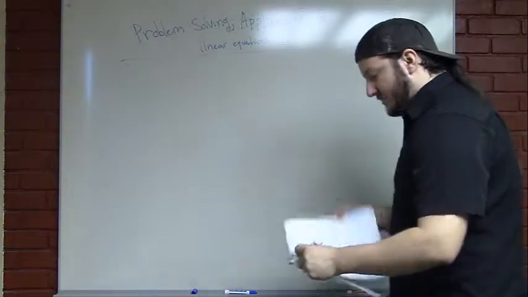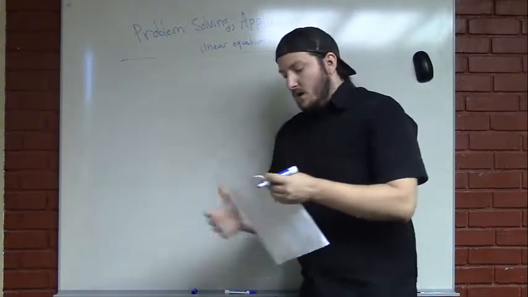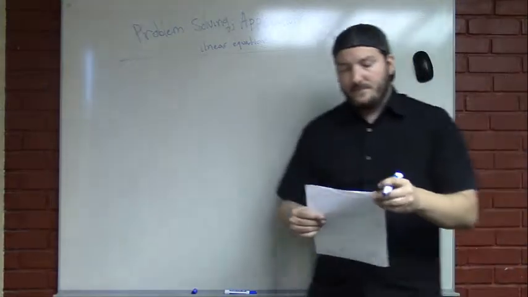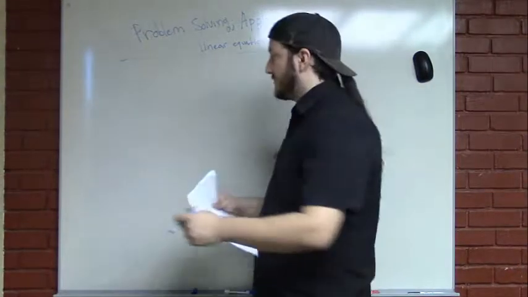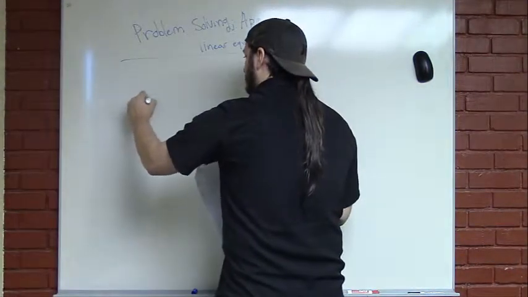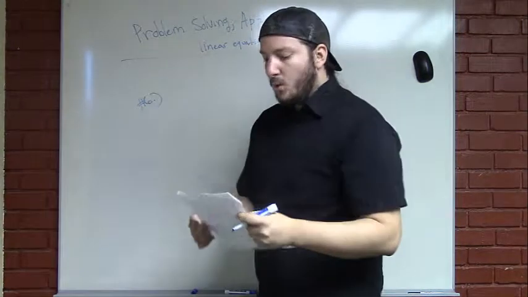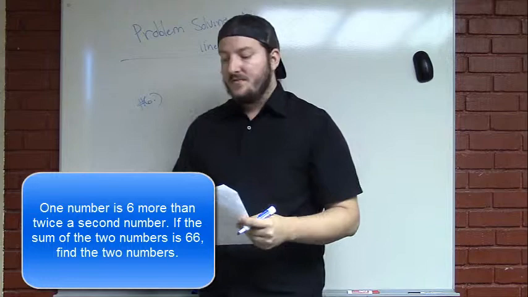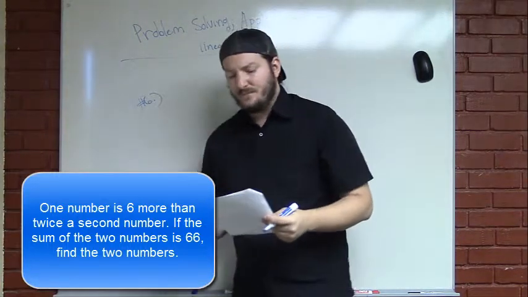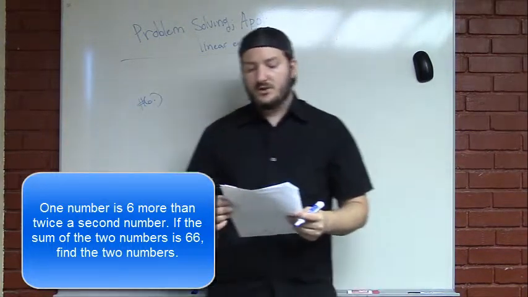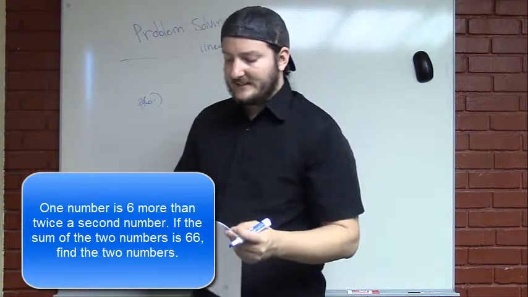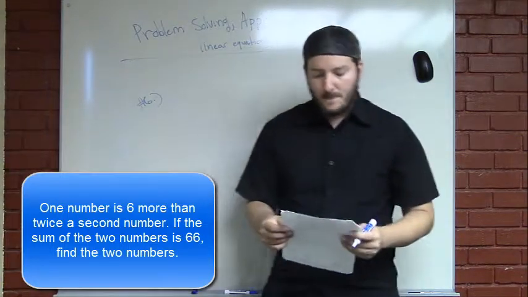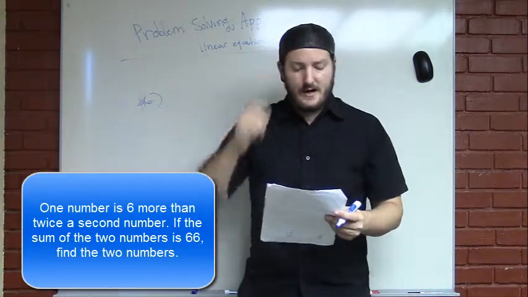Oh, I'm on the next page. Okay. Number 6. One number is 6 more than twice a second number. If the sum of the two numbers is 66, find the two numbers, okay?